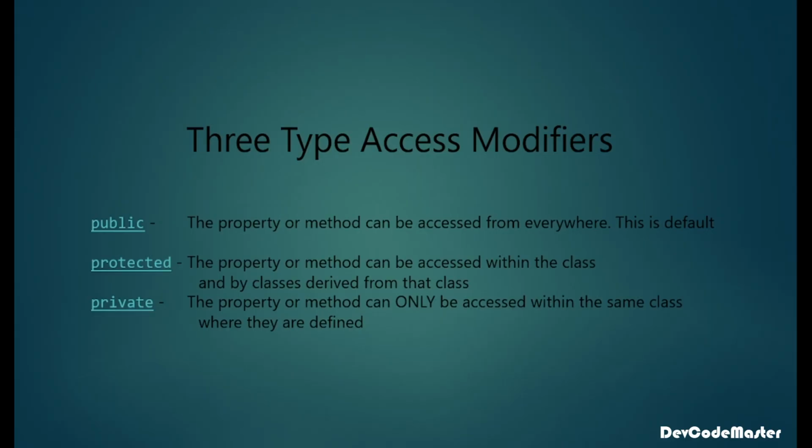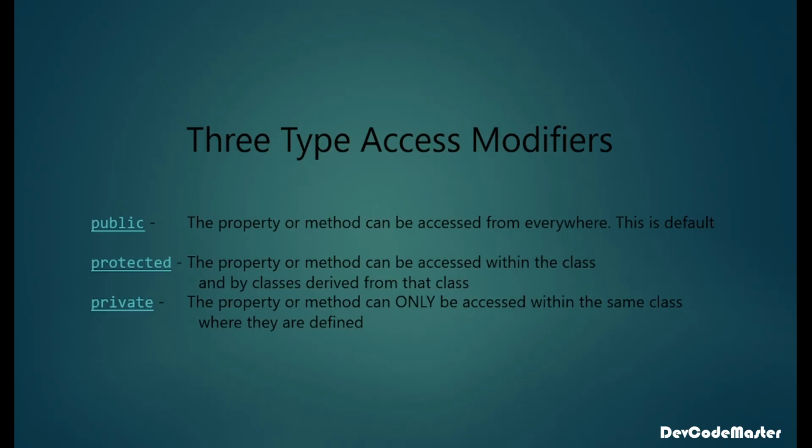This is the default. Public properties and methods can be accessed everywhere, inside the class and outside the class.